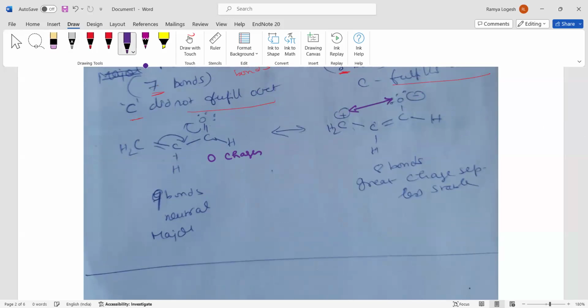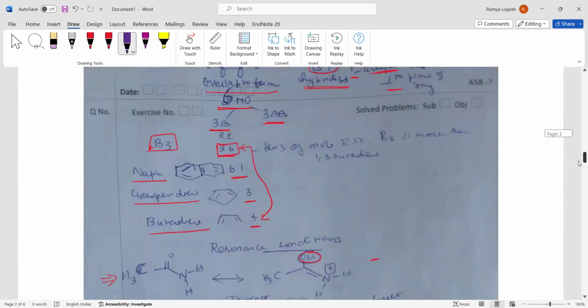So now, which is stable? Look at here. This is a neutral molecule. A neutral molecule is always stable. That's the first point. Also look at the number of bonds that it has made. 9 bonds. Here it is 8 bonds. So therefore, the first molecule is major and the second molecule is the minor one.